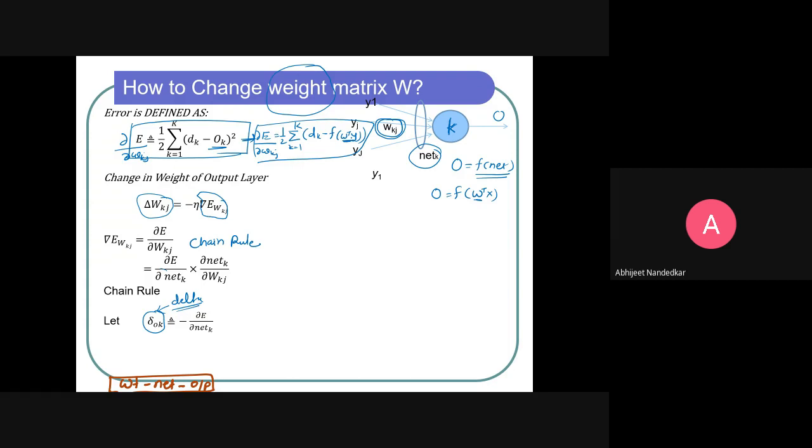So let us define: delta_ok is defined as negative of change in error with respect to change in net_k. Now, if I use this symbol in the above equation, say equation 1, then I can replace this by negative delta_ok. So this becomes now equation 2.